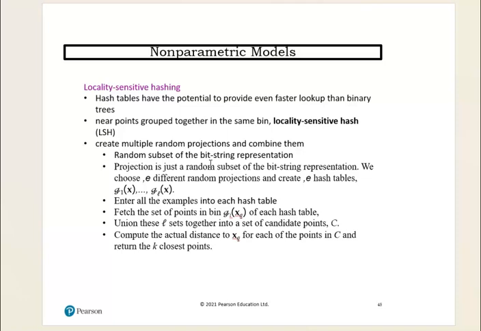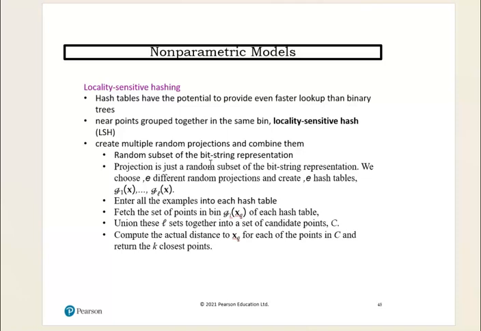Given a data set of example points and the query point xq, find with high probability an example point or points that are near xq. Okay, so you notice we introduced the concept of probability here. We're not looking for a deterministic set of neighbors. We're only looking for points that have a high probability of being in the neighborhood for that given query.